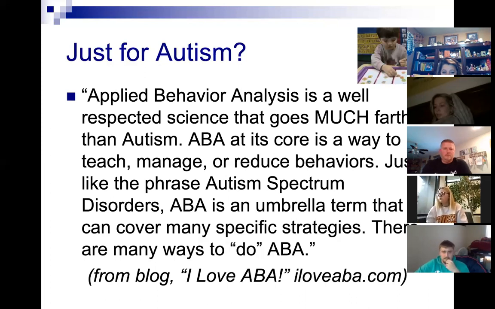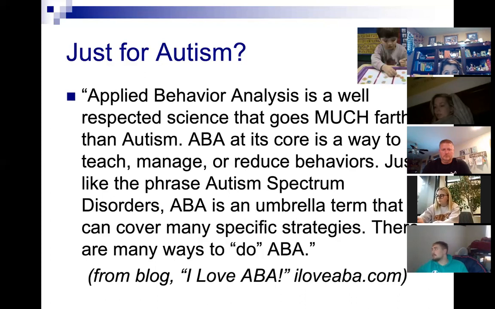And for whatever reason, since 2012, ABA got linked very much with autism only, but just know there is no reason to confine it to that box, that it's an autism thing only. It's not. Like I said, it's been around for 60 years. It's been long applied to living beings, whether it's human beings or animals or what have you.